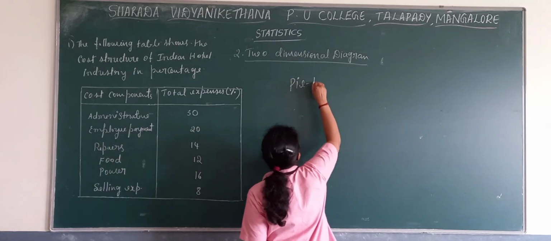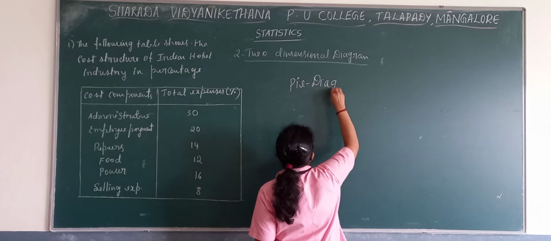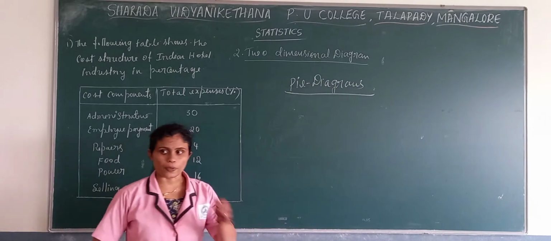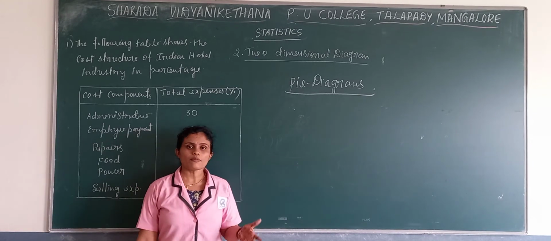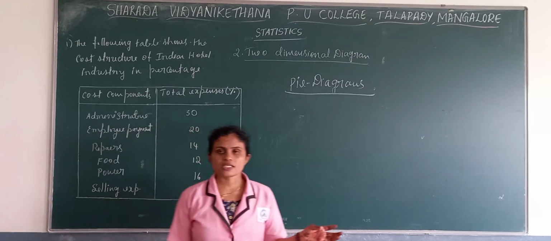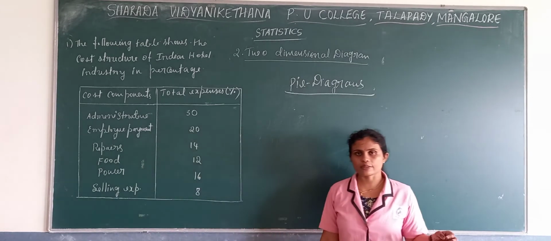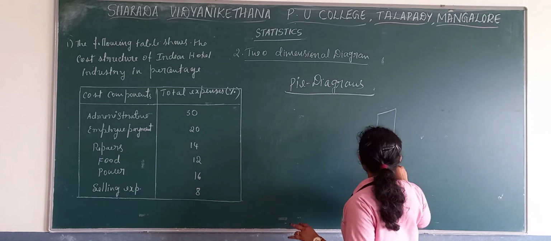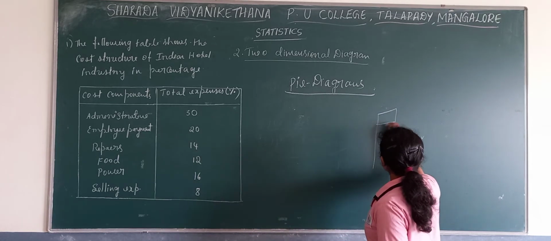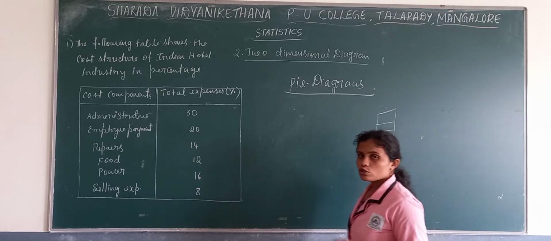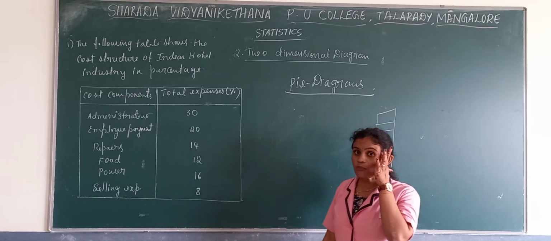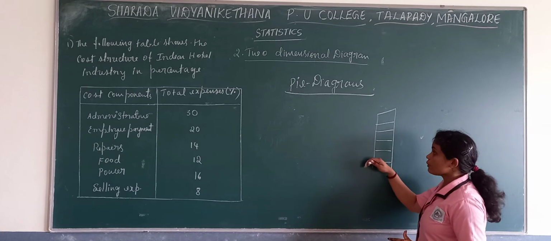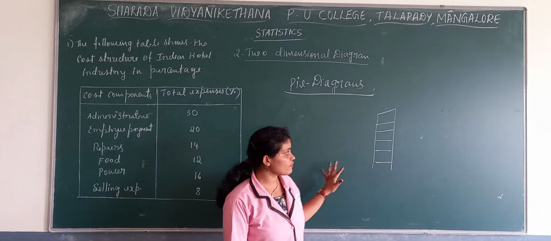What are pie diagrams? In the case of a percentage bar diagram or subdivided bar diagram, we divide the bars into different segments in order to represent the given components.